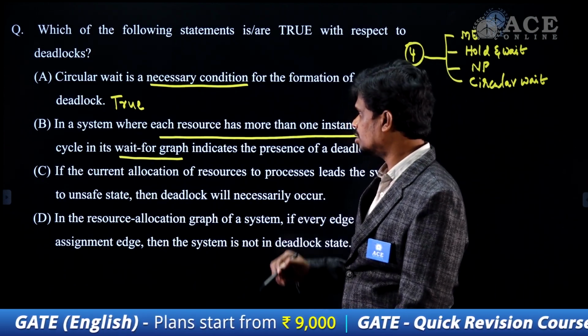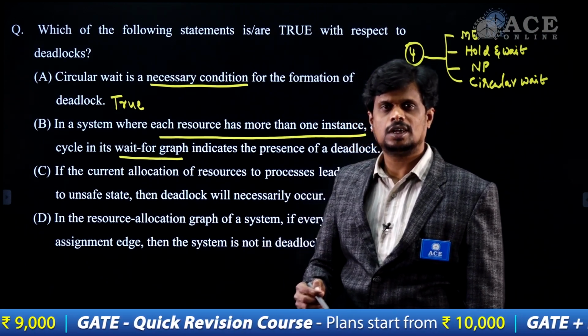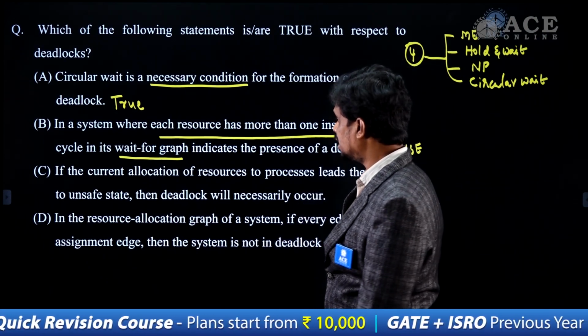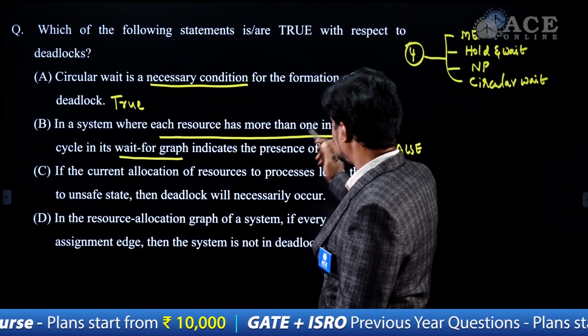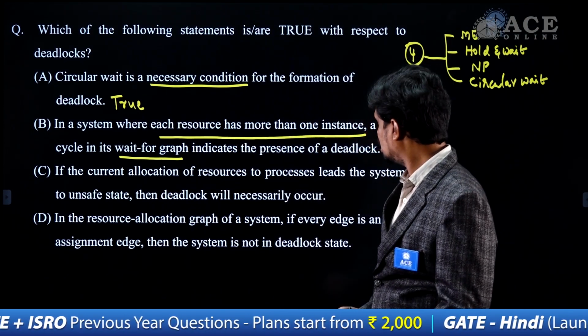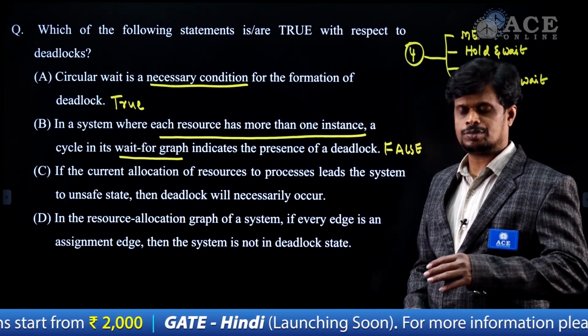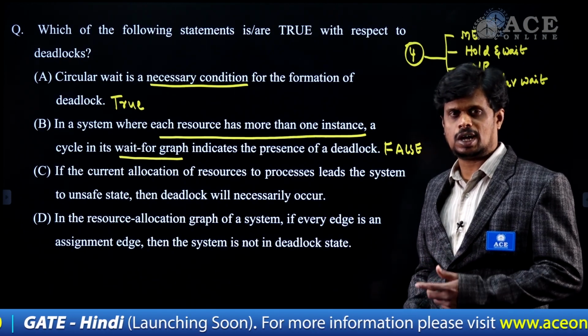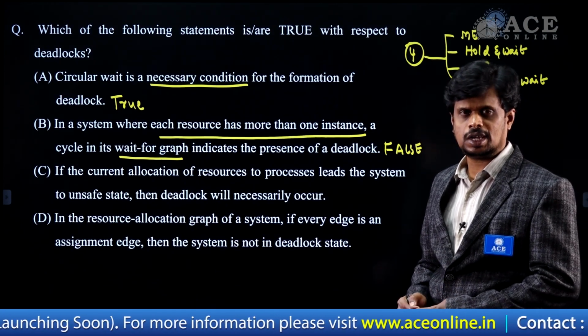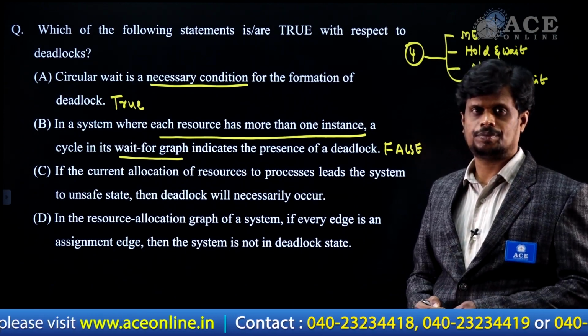So when the resource has a single instance, then in order to detect the deadlock, we consider this particular wait-for graph. But here it is mentioned that each resource has more than one instance. It is not correct. If it is more than one instance, it means multiple instances are there. If we have multiple instances of a resource type, then to detect the deadlock we have an algorithm called the resource request algorithm.